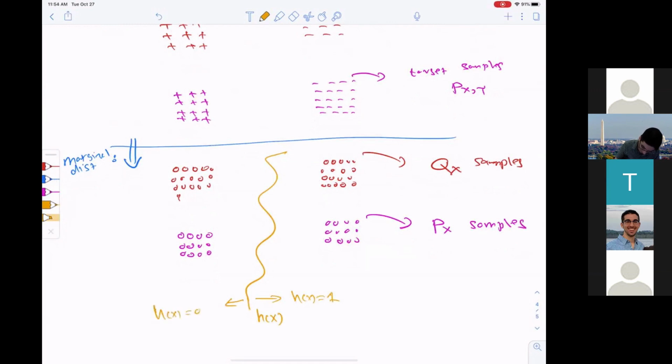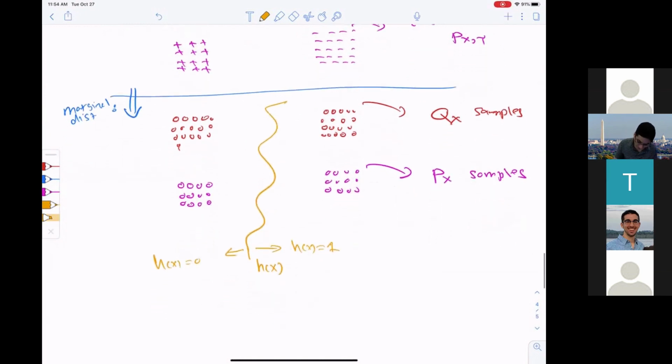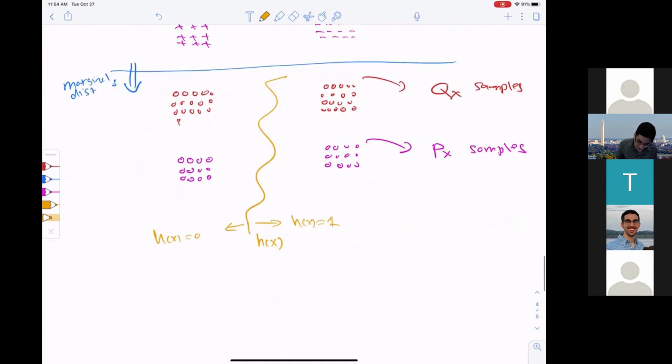So that's one member of my hypothesis class. Now maybe I can just focus on one side of my hypothesis function. Let's look at this part of the space, and I look at the difference of the fraction of my source and target samples that happen to be on this side of the space.